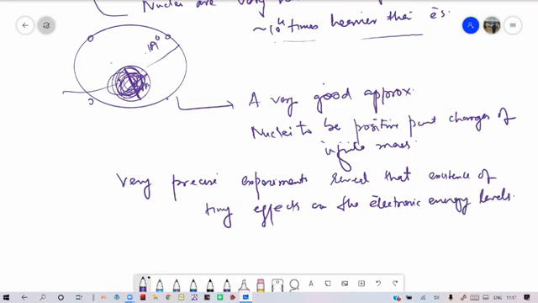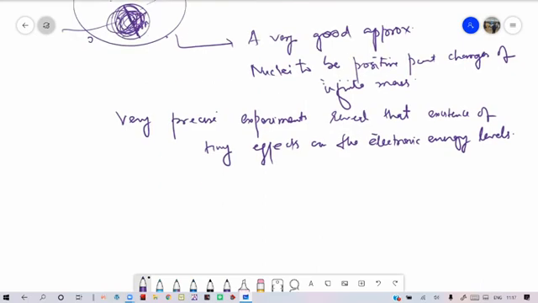That means if we assume that the nucleus is too far away from the electron, and that it is too heavy as compared to the electron, then since it is too far away, it does not affect the electron energies. And if there is any field because of the nucleus, that field at such large distances will not interact with the electron energies.